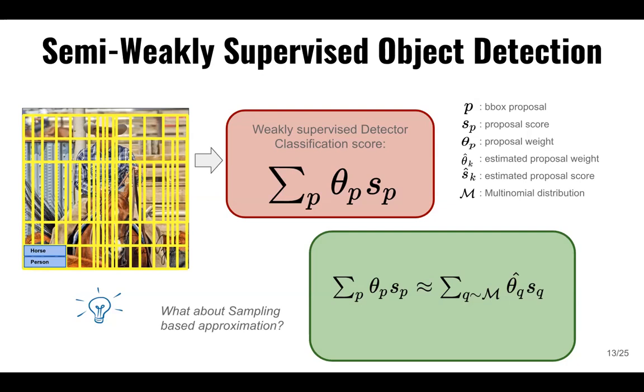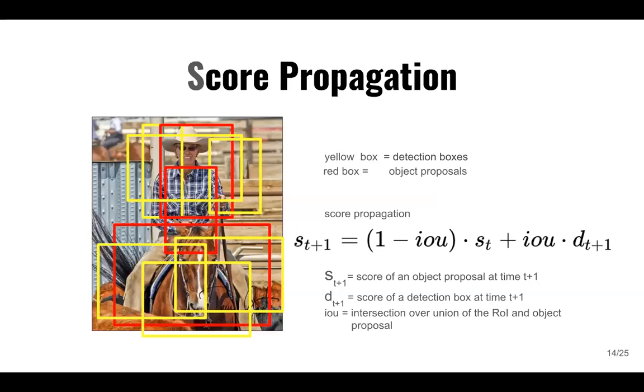Now I'll show how this Q distribution is formulated, and how this Q distribution is computed with this score propagation. So here you have these yellow boxes, which are the detections, and then the red are the object proposals.